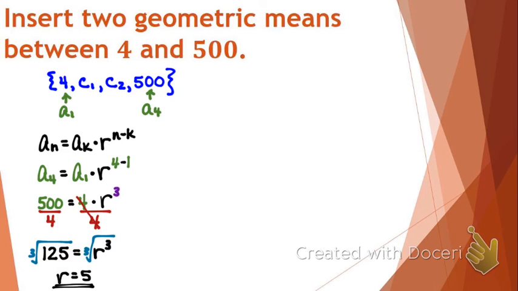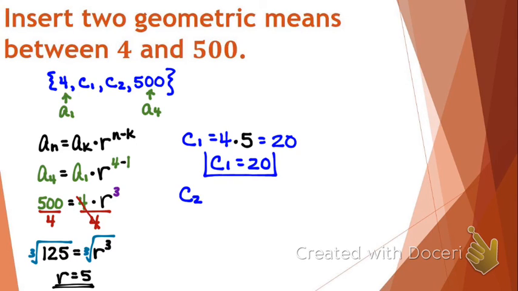All right, so I need C1 and I need C2. How do I find C1? 4 times 5. So that would be 20. And then we do 20 times 5.